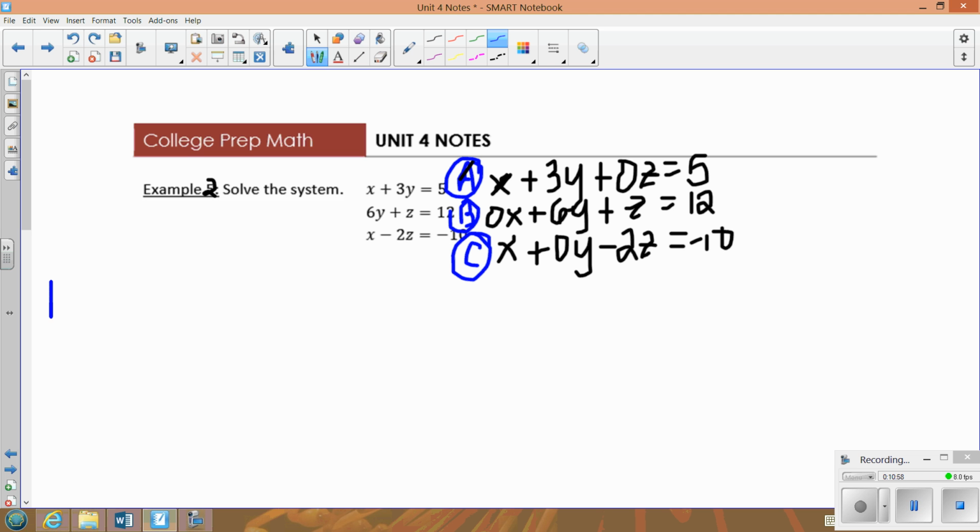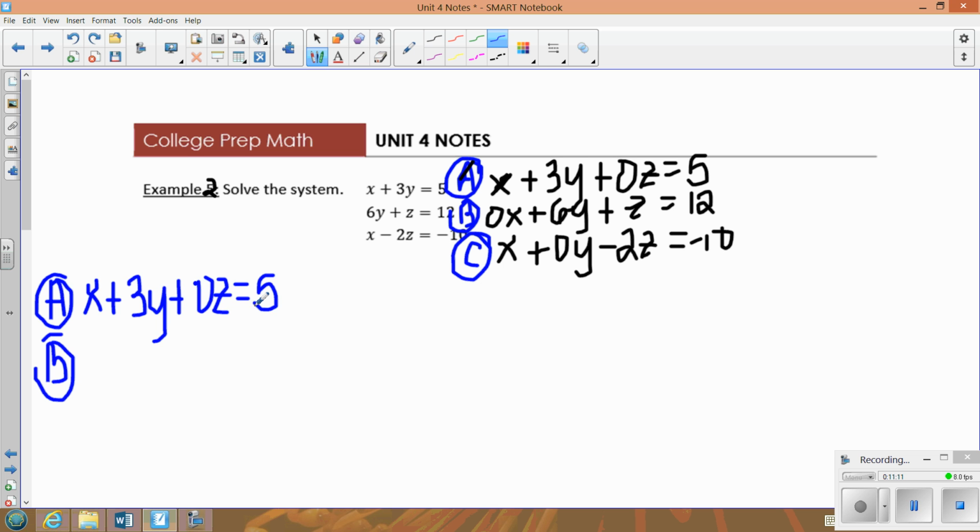And then remember, you group A and B together and try to eliminate one of the variables. So x plus 3y plus 0z equals 5, and 0x plus 6y plus z equals 12.